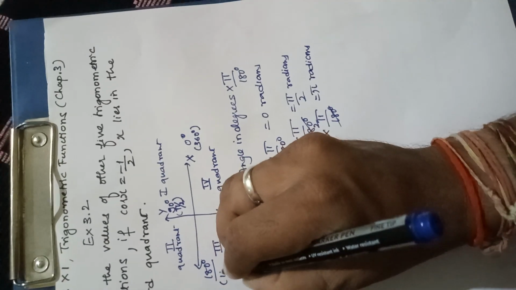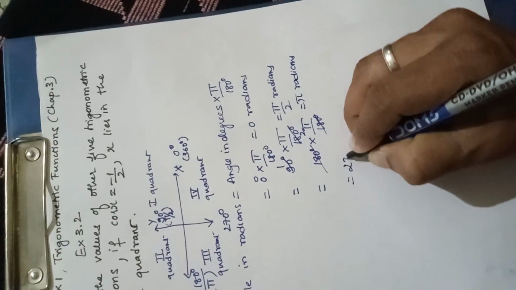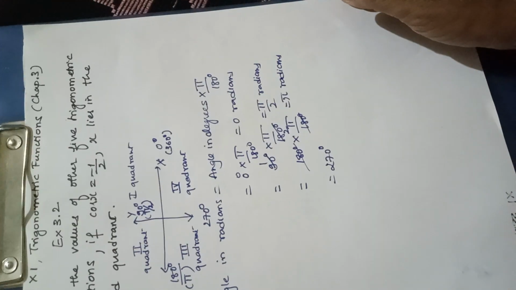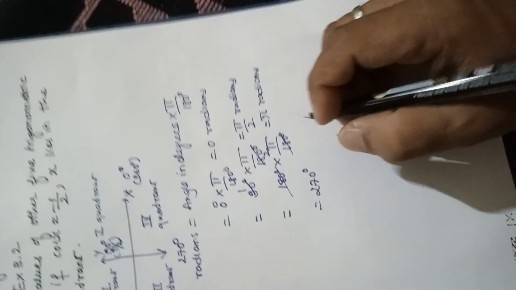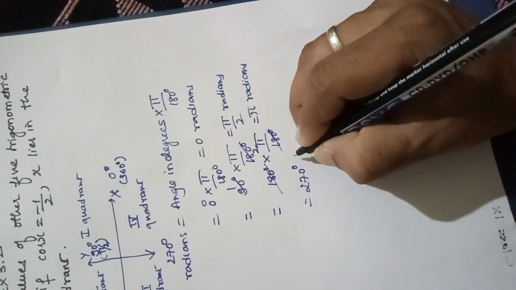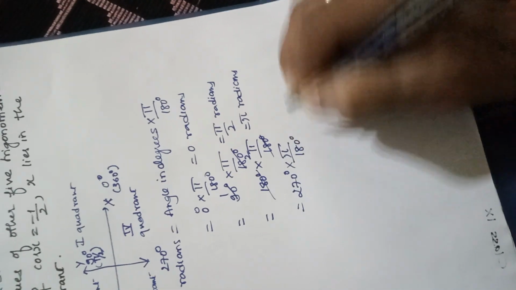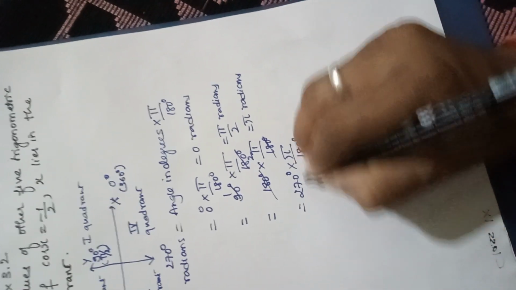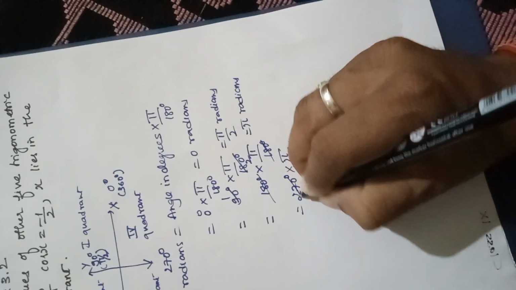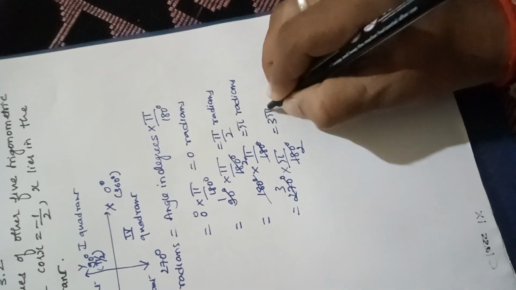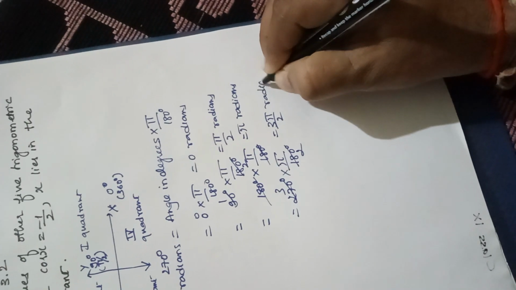And if the angle is 270 degrees, then what will be the angle in radians? It will be 270 into pi by 180, which is 3 pi by 2 radians.